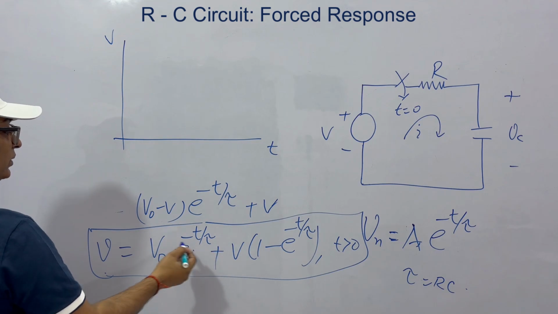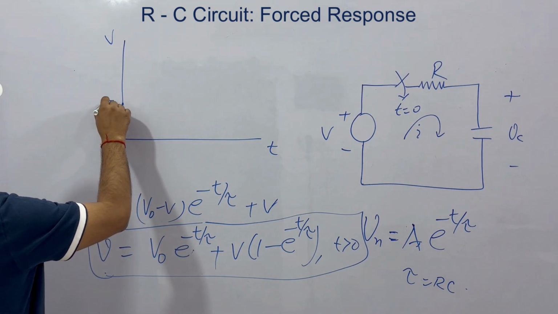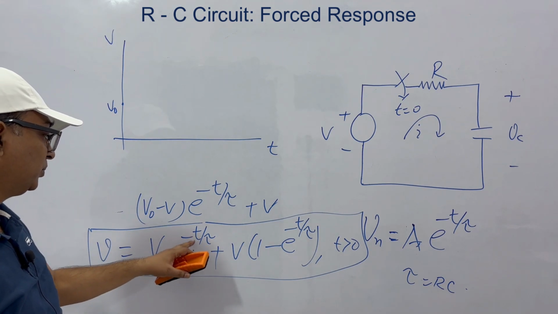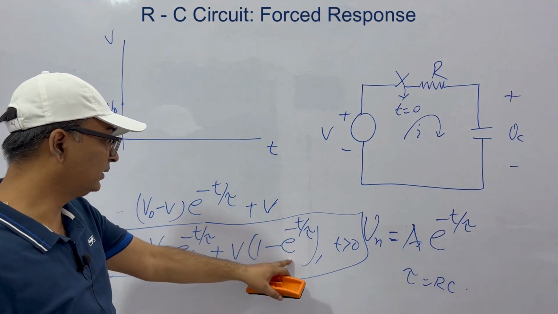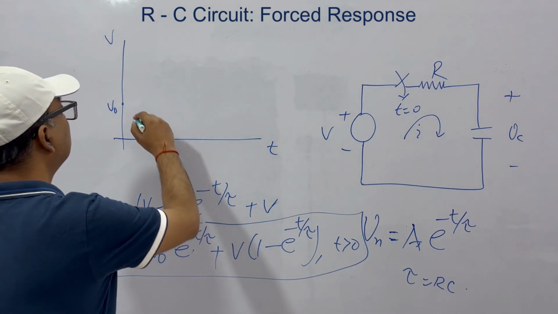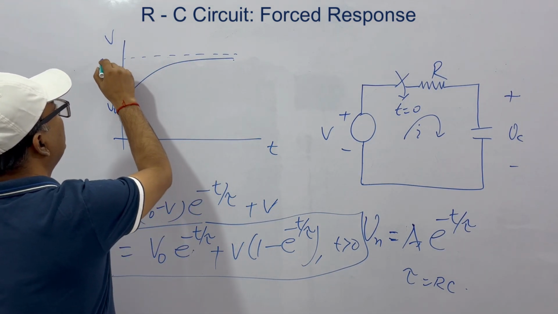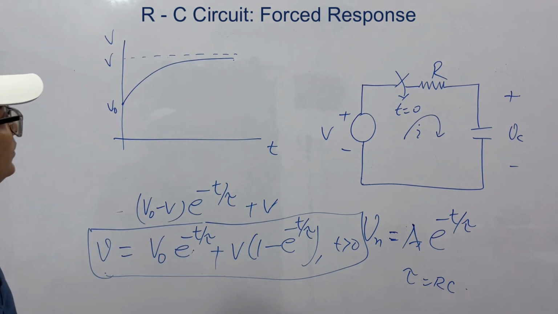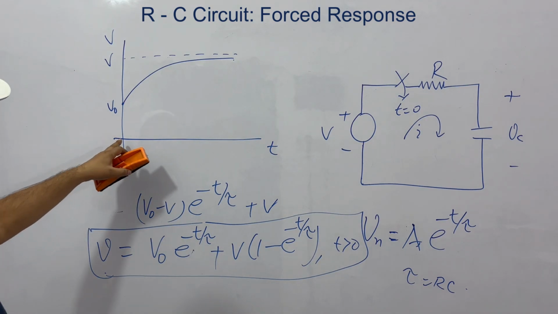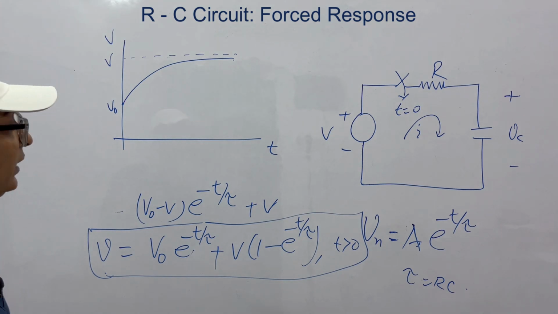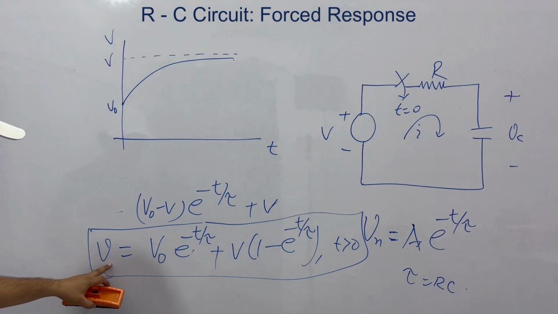At t equal to 0 we have V0 here somewhere, and at t equal to infinity, this is 0 and this is 0, so this is V. If this is V, this is the plot. Clear? Here you do not start from 0; you have an initial condition and then go up to this point. So we have V, and from here we can get I.